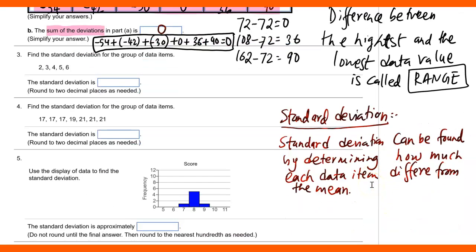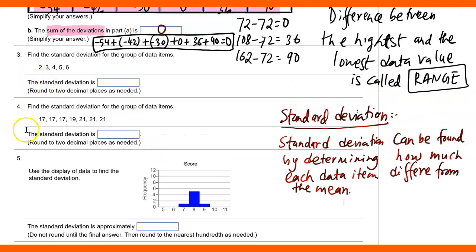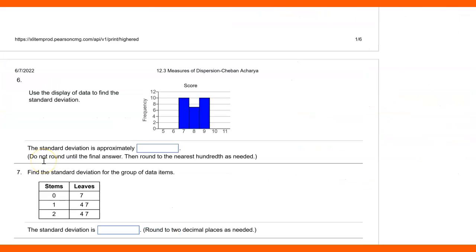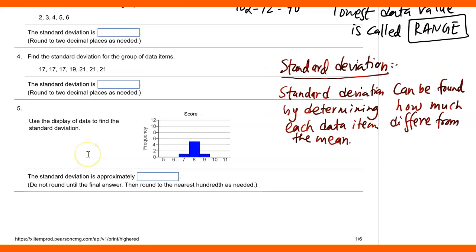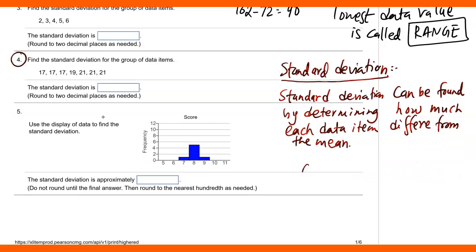I want to show you how to find the standard deviation for a couple of questions here. Questions 3, 4, 5 are all standard deviation, but let's do question number 4, because 3 and 4 are similar. Question 3 has fewer data, and 4 has a little more. The data are 17, 17, 17, 19, 21, 21, 21.